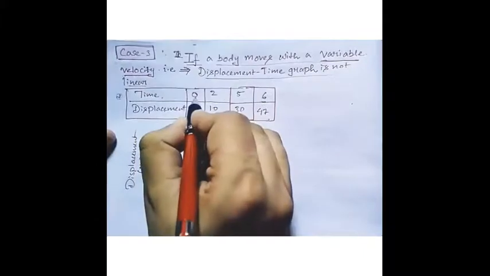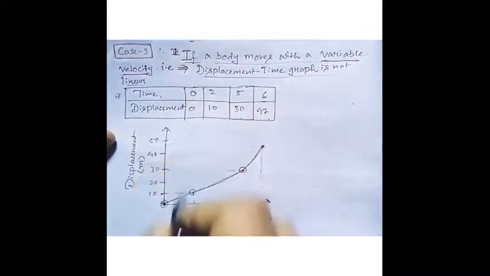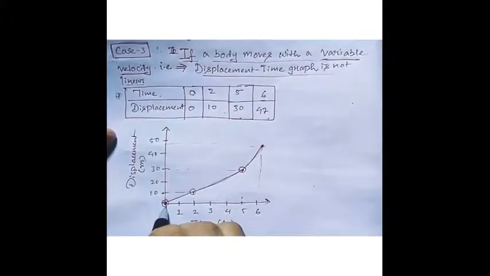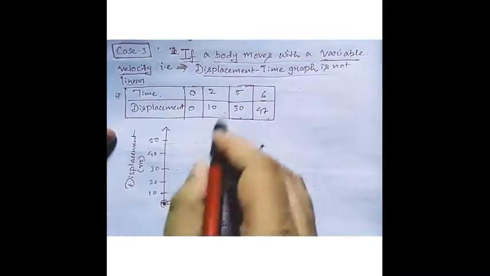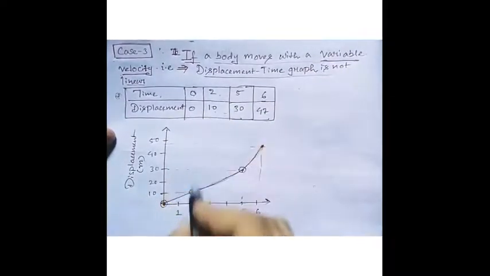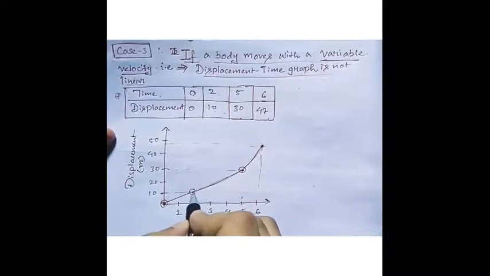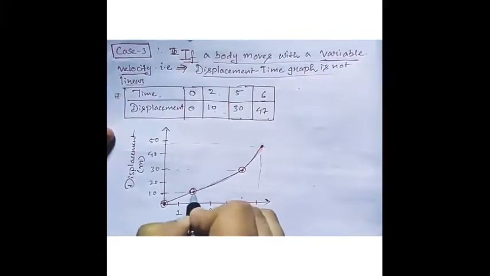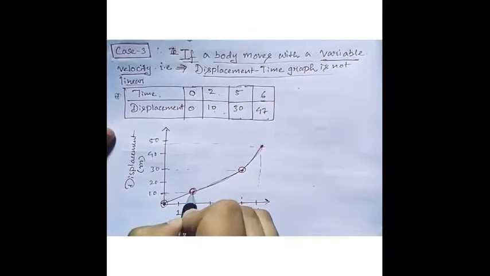Take an example: when the time is 0, displacement is 0, so this is the point 0, 0. When the time is 2 seconds, displacement is 10 meters. So this is the point 2 and 10 meters.